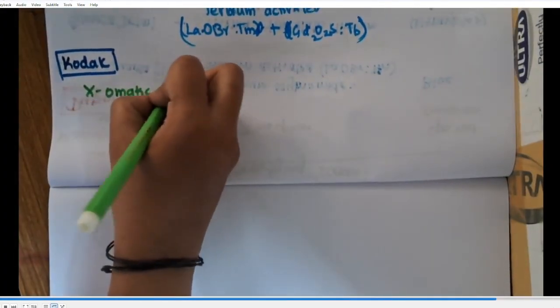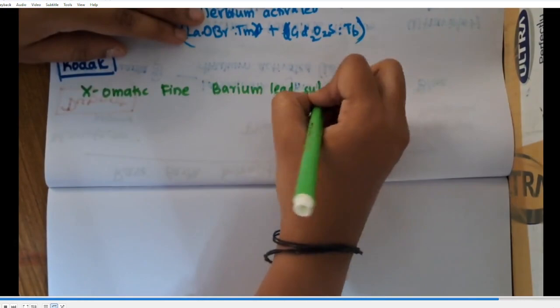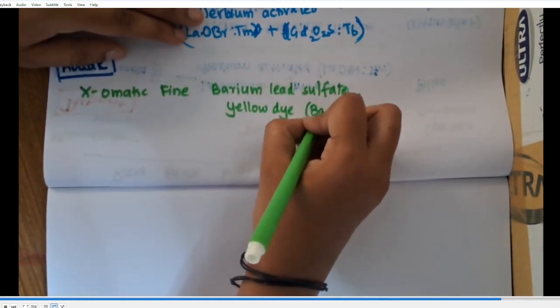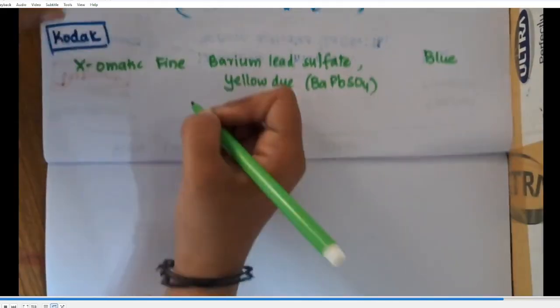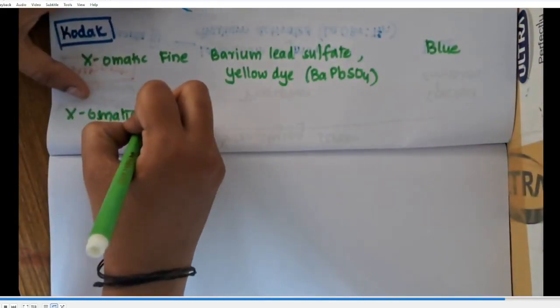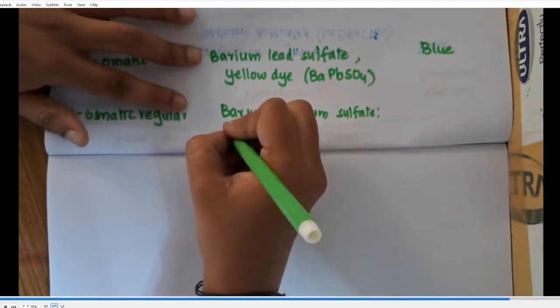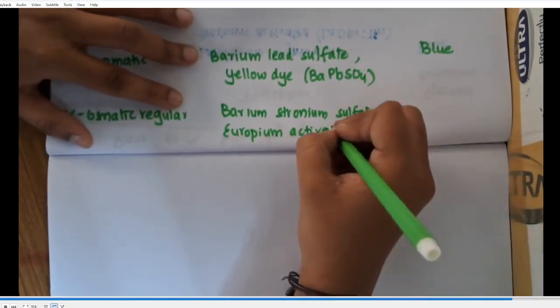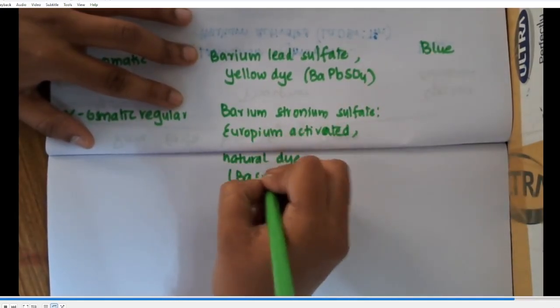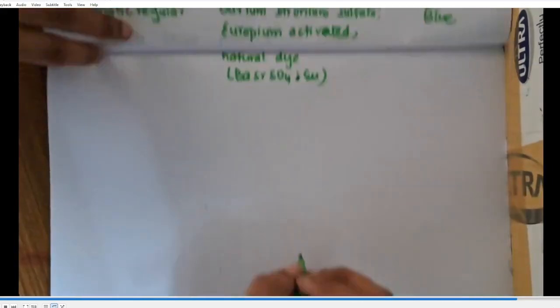Kodak manufactures X-Omatic Fine. This X-Omatic Fine contains barium lead sulfate, with a yellow dye, which will absorb the blue wavelength. Then X-Omatic Regular contains barium strontium sulfate, europium activated, with a neutral dye, which emits blue wavelength.